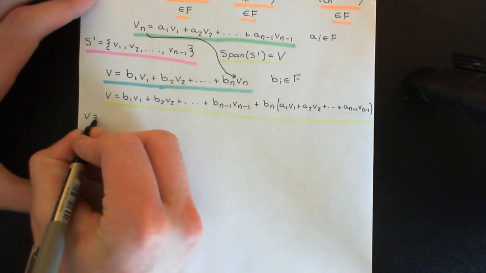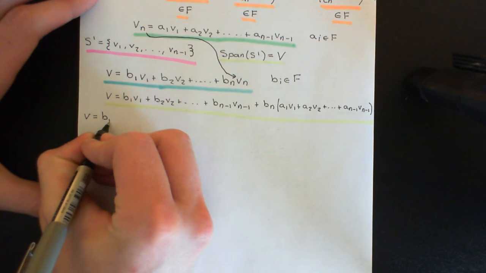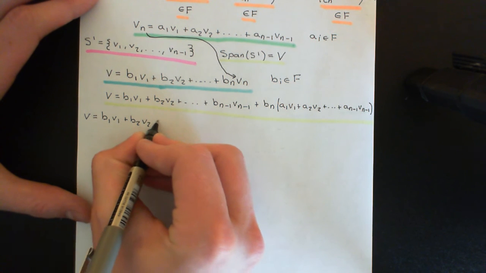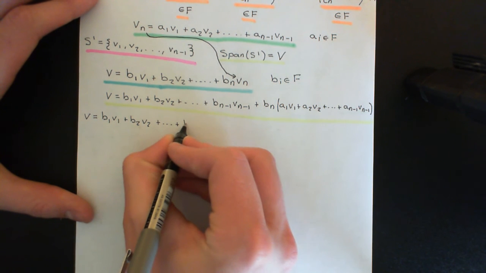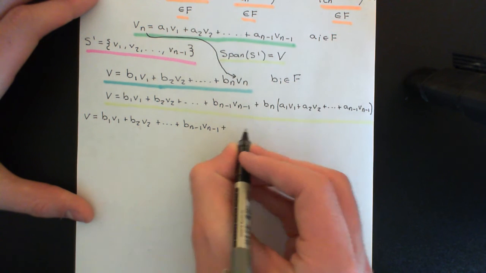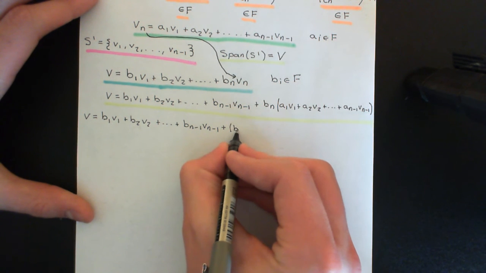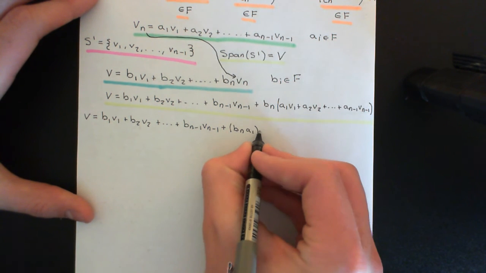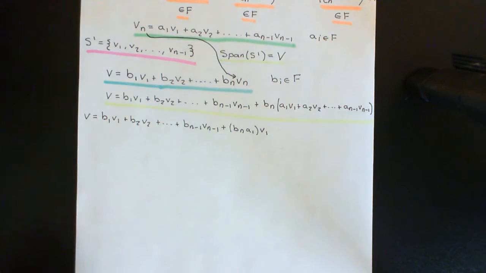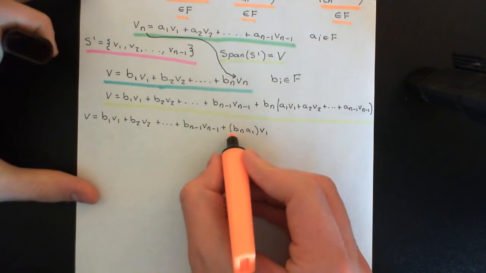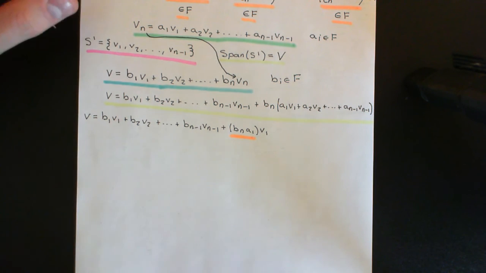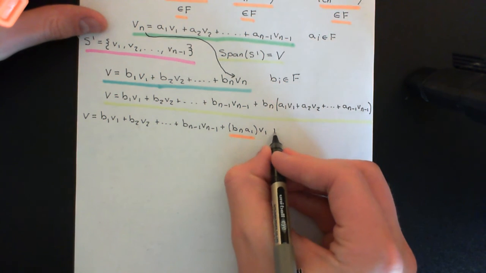Okay, so our vector little v will be b1 v1 plus b2 v2 plus all the way up to bn minus 1 times vn minus 1, and then what we'll end up with is plus bn times a1 in the field, that's a field multiplication there, scalar multiplied by v1. I'll emphasize this, these two are multiplied together in the field, so I've applied distributivity and then associativity to turn it into this.